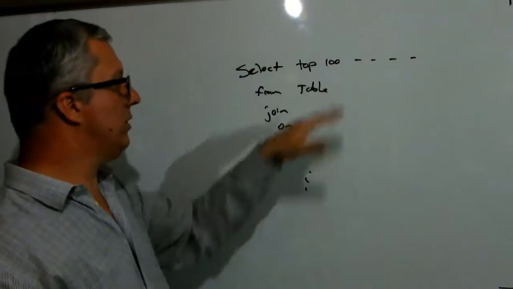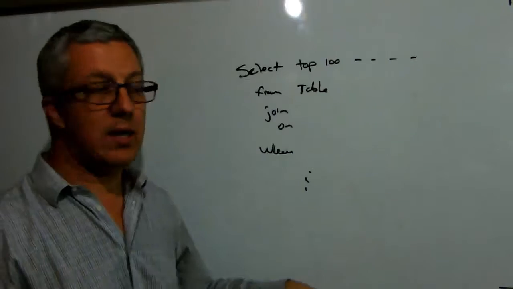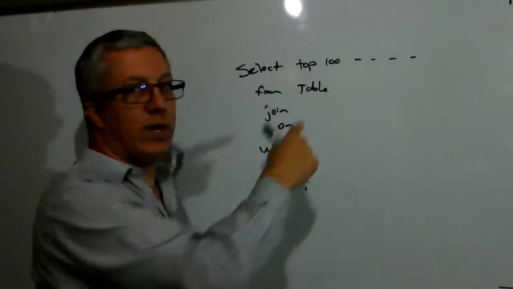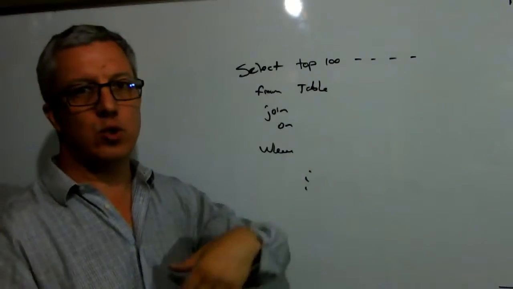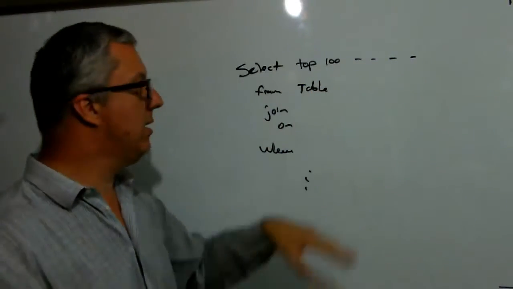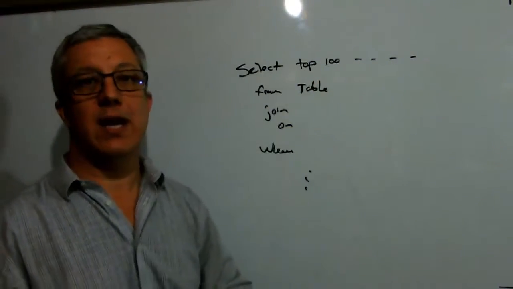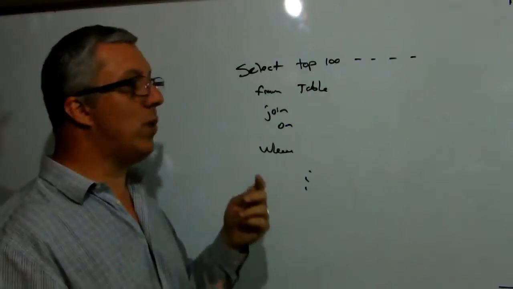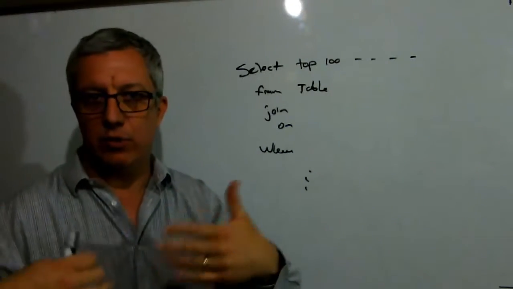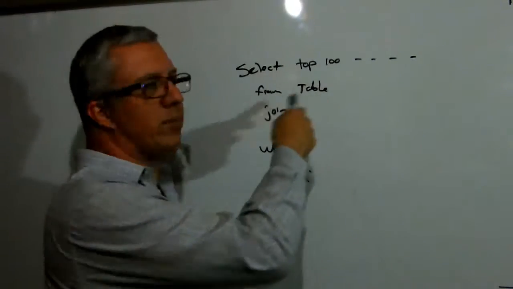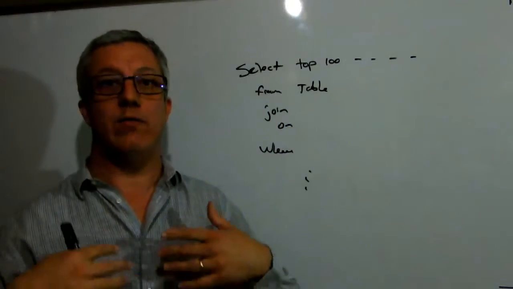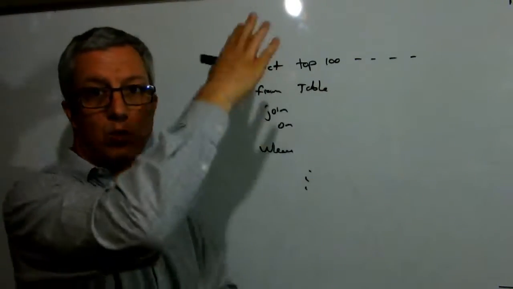Depending on what it gets me, it will return the first 100 records and then stop. And we can make that number anything, 10, 20, 30, 500, doesn't matter. It's also a very good practice, when you are just selecting a table to see what its structure is or what type of data is in there, to do a top 10 or a top 20, so that you don't wait forever for your records to appear.